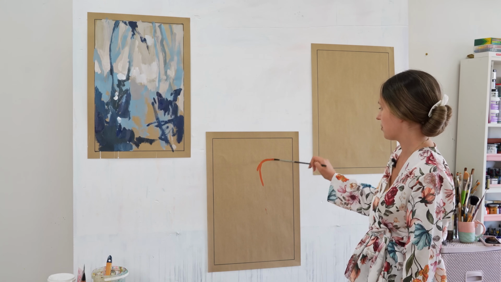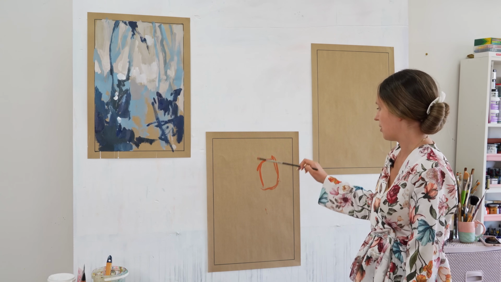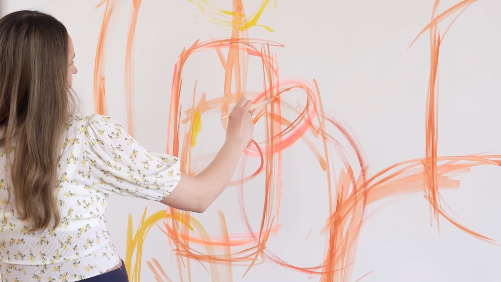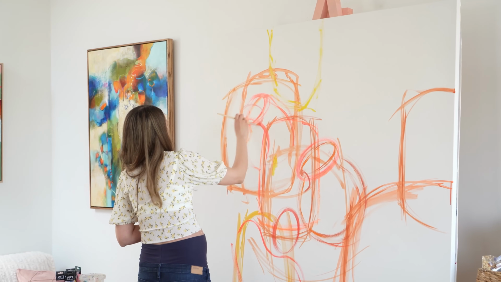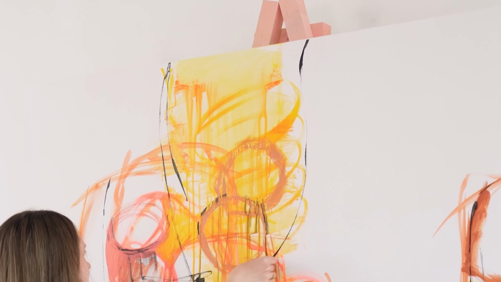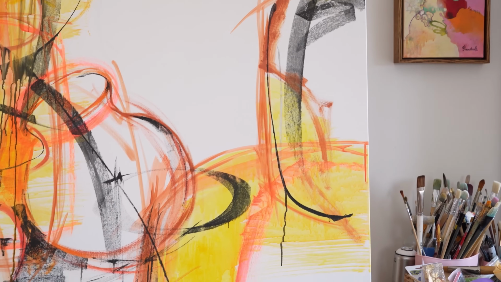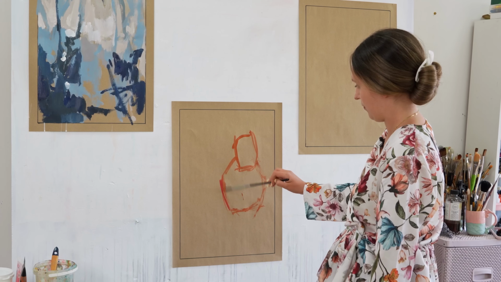I personally like natural shapes, so not quite a circle, not quite a square, something in between, an interesting organic shape, and then just layering lots of them.